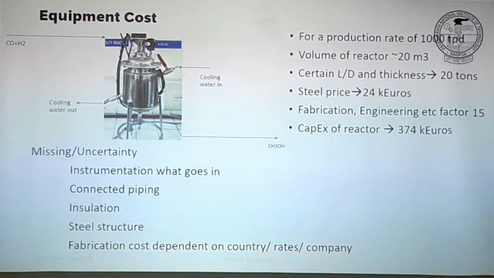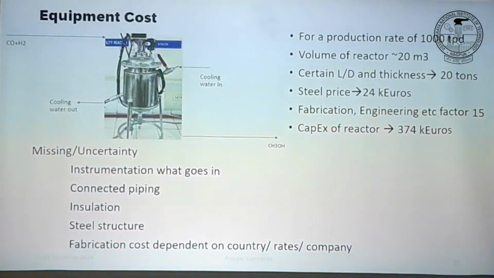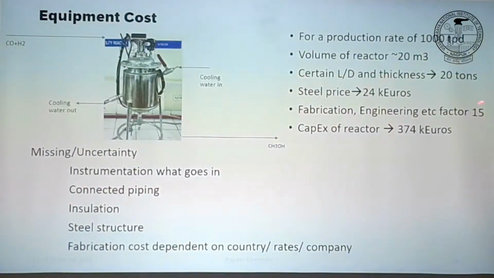Do you remember? 80 rupees per kg. Multiply 80 by 1,000. 80,000. Divide 10 lakh by 80,000. 12.5. And that's the factor we have here.